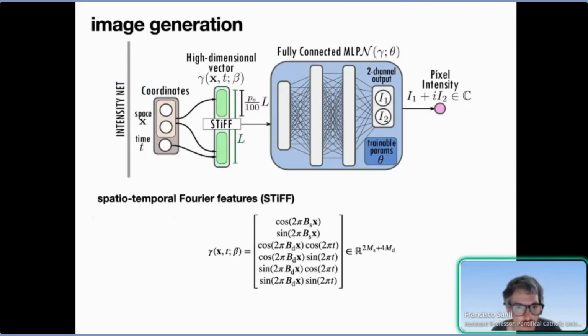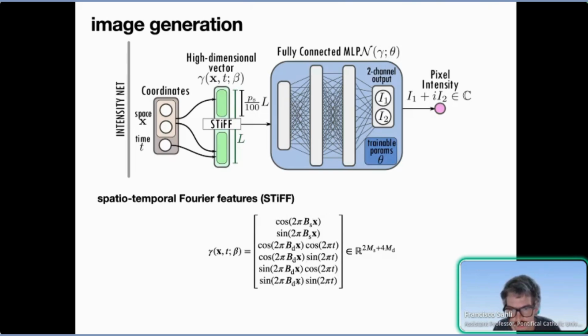In our case, cine images are dynamic images, so we also need to encode the time. So in this case, we created a new embedding for time and space, which we call STIF, and it basically has the regular Fourier features plus some periodic features, because we know that the cardiac cycle is periodic, so we also embed that knowledge.